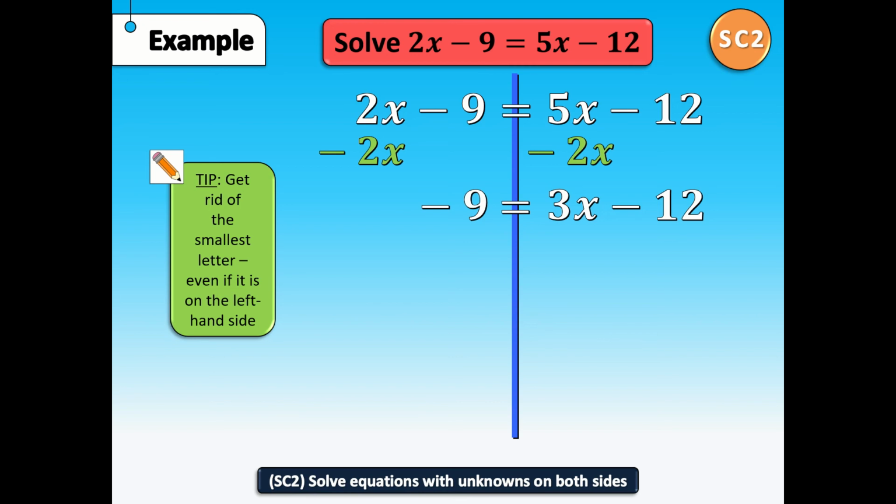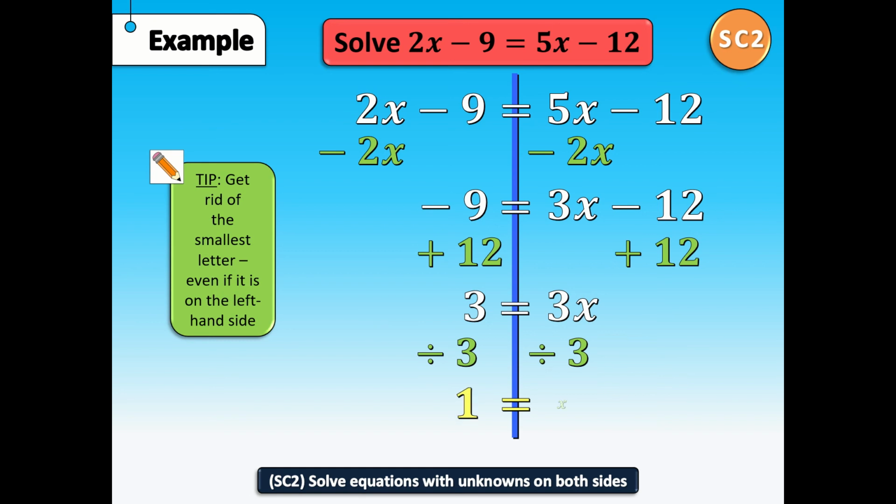Then I can get rid of the minus 12 by adding 12 to both sides. So minus 9 plus 12 is positive 3. Then I can divide both sides by 3. So I get 1 equals x, or I can give the answer x equals 1.